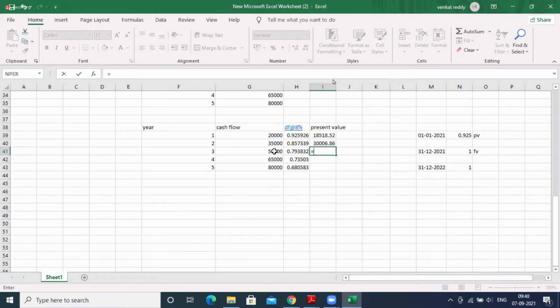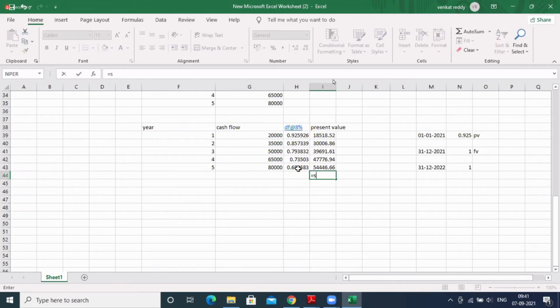And for the third year, 50,000 into 0.79. It is 39,691. And for the fourth year, 65,000 into 0.73. So it is 47,076. And the last year, 80,000 into 0.680. So it is 54,446.